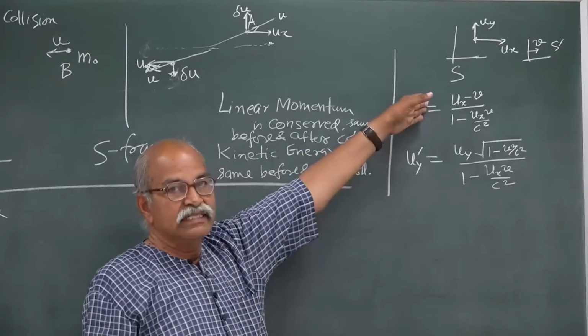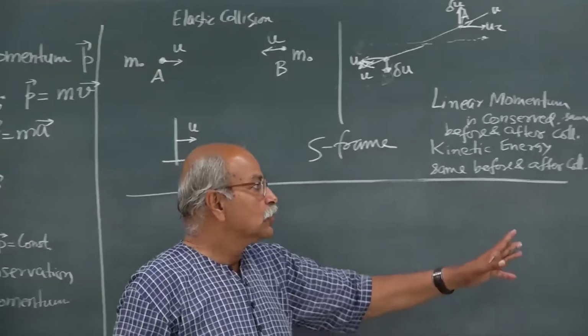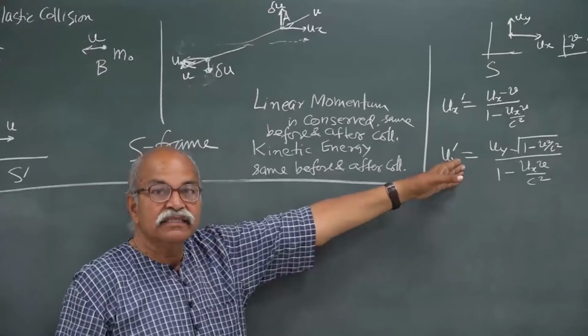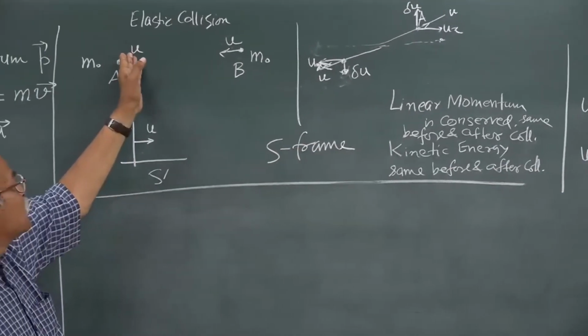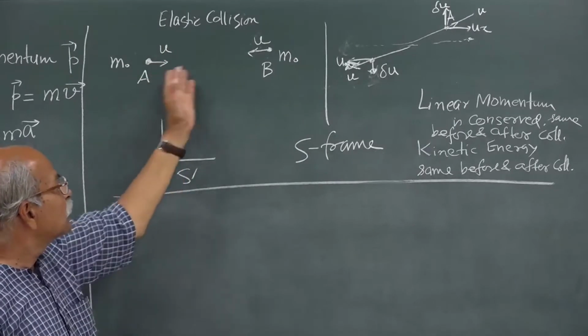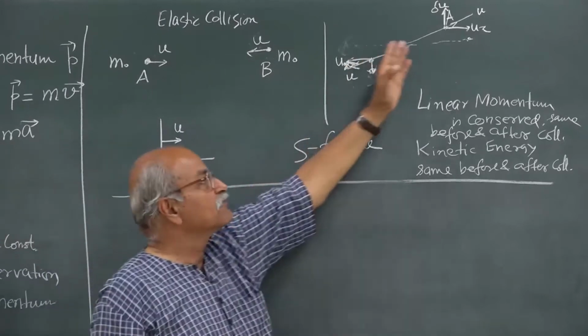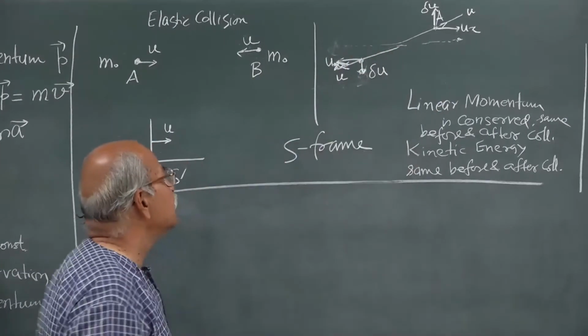These are the velocity transformation equations we had derived. Using these equations, I can write what the velocities, speeds and components in S prime will be before the collision and after the collision. But before that, let me do something else.